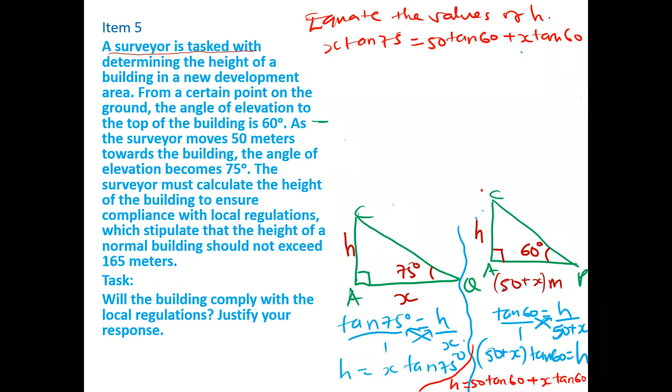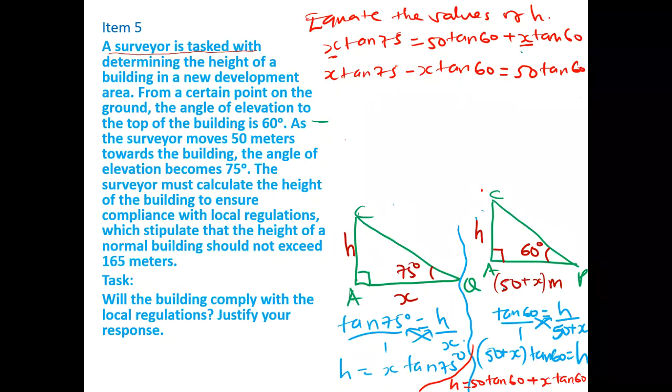It's better now to collect like terms. Here I'm seeing x and also here I'm seeing x. So here we shall have x times tan 75 minus x tan 60 is equal to 50 tan 60.